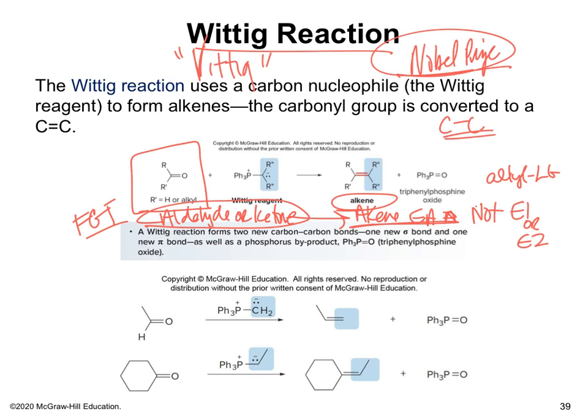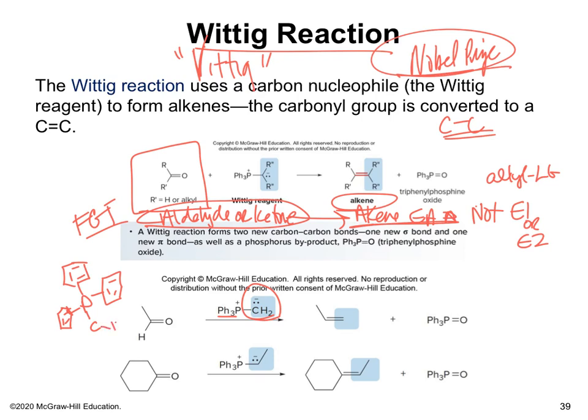All right, so what is the Wittig reagent? You can actually order these, and so phosphorus, the phenyl are these groups here. Okay, so triphenyl, and then you can have any kinds of R groups, okay?